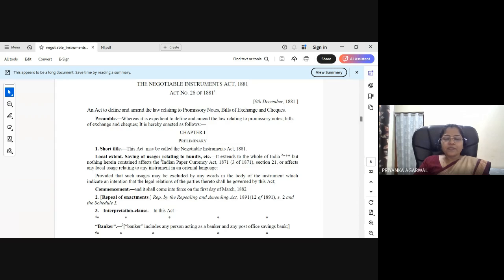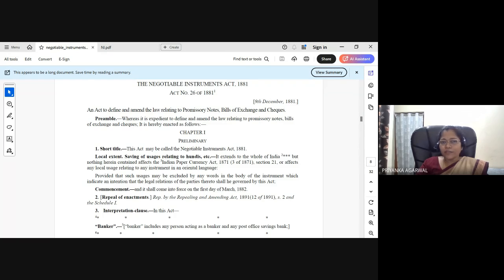So, why are we studying the Negotiable Instruments Act, or why do we need a negotiable instrument? I hope at some point this kind of question would have popped into your brain, right?